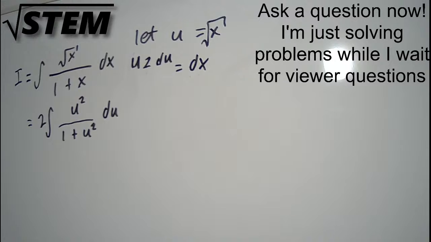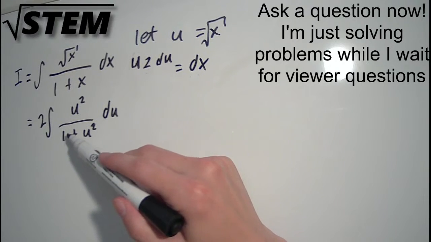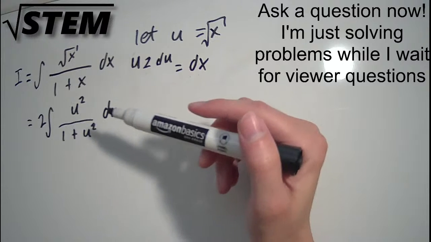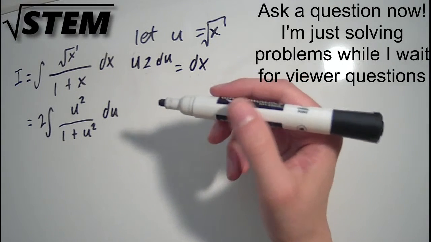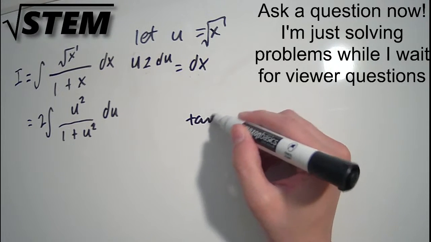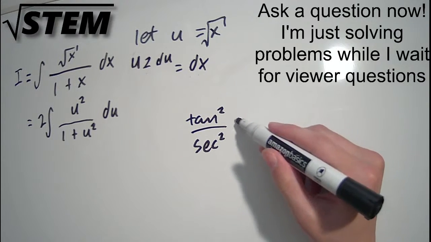We might be able to do another trig substitution because my mind always goes to those. 1 plus u squared, if u was tangent, that could become a secant squared. We'd have tangent squared over secant squared. Let's see, I'm just going to write this out sort of generally.